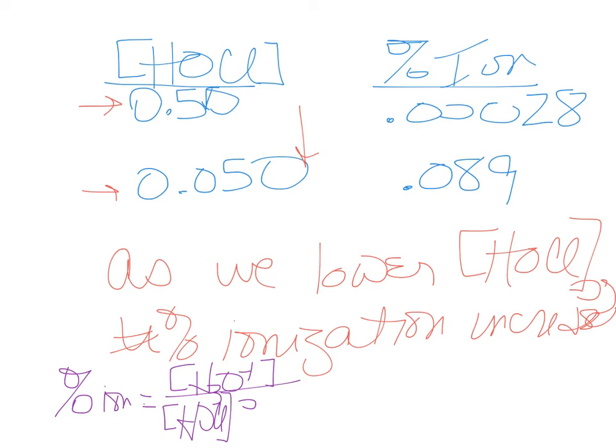And as we dilute it, this ratio is increasing. So see if you can figure out why that might be happening. I think that'll be one of your bonus options on your next test.